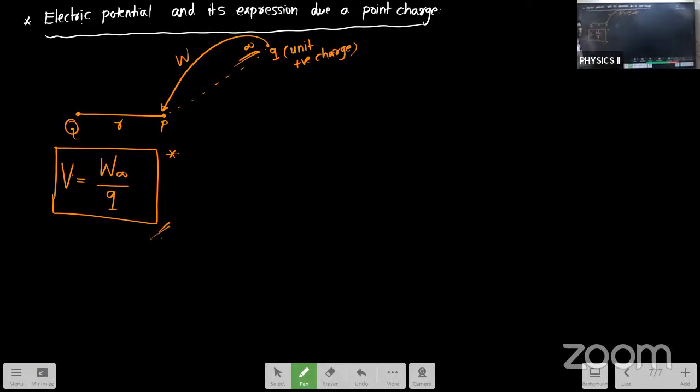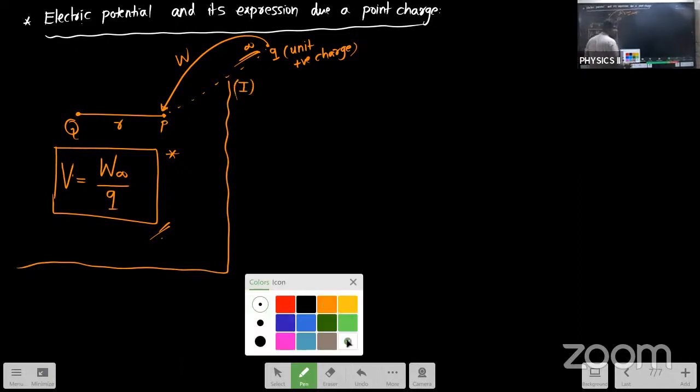Now, I will try to obtain the expression by using two different methods. Whichever you feel easy, you can use that method. Now see here, expression, first method. Again, I am saying whichever you feel easy, you can do that.